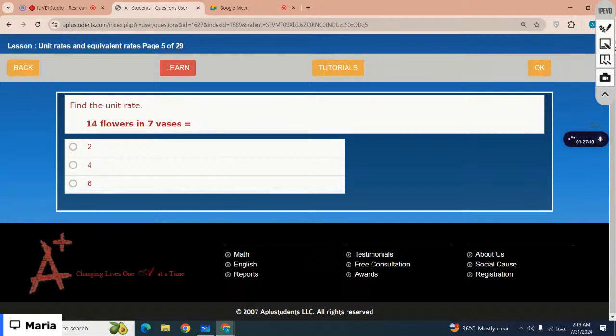The correct option is two flowers. Option number one is the correct option.